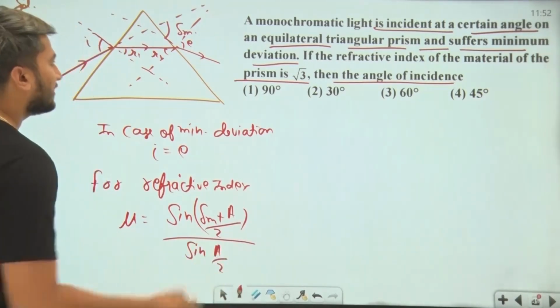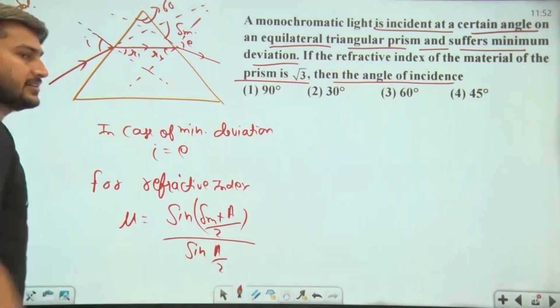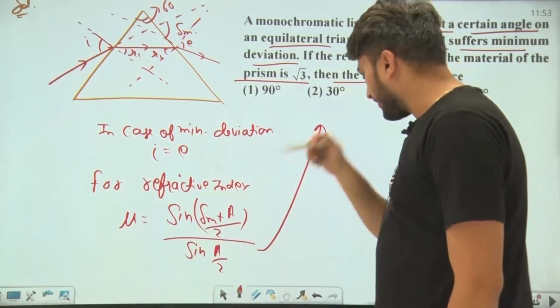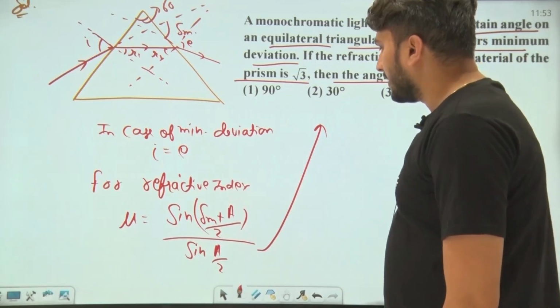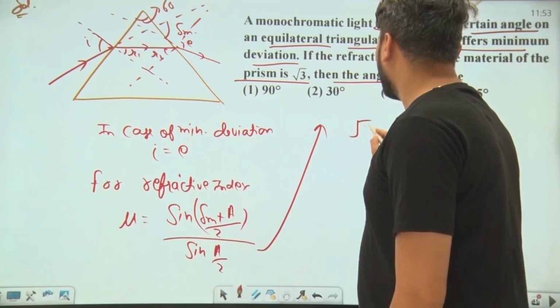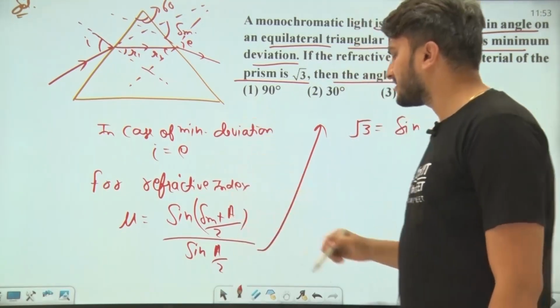A is what? The prism angle, and since it is an equilateral triangle, this is 60 degree. We have to put all the values and find the minimum deviation. So here the value of mu is √3, sine, the value of A is 60.